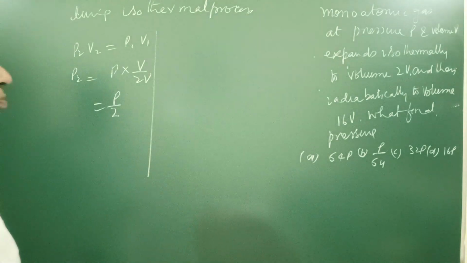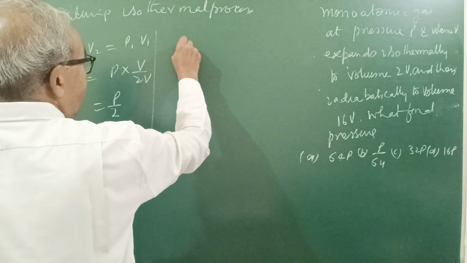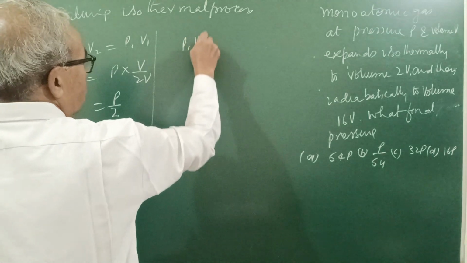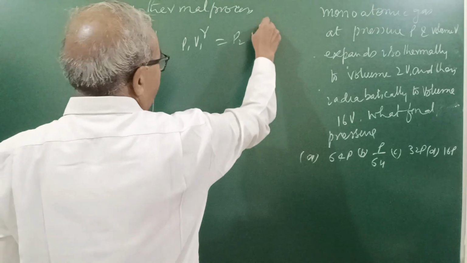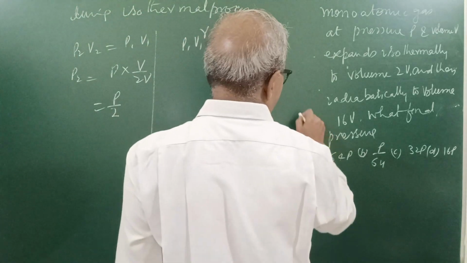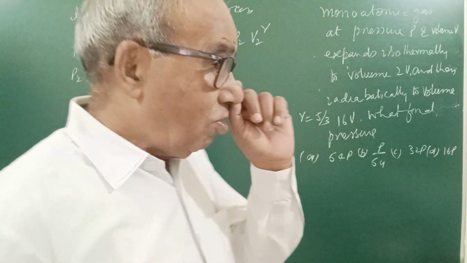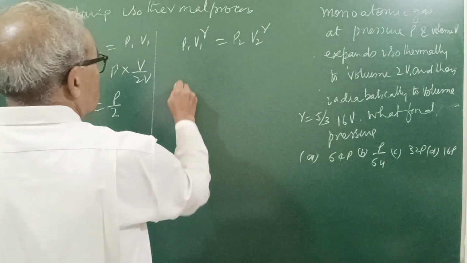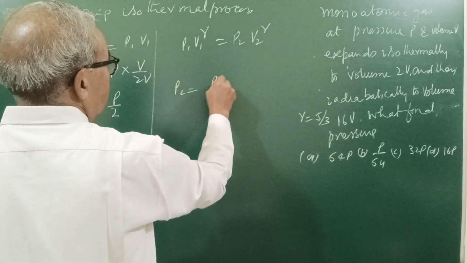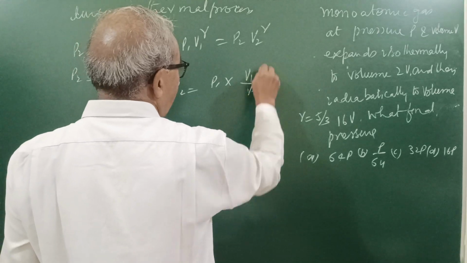Now the gas expands adiabatically. So P1 V1 to the power gamma equals P2 V2 to the power gamma. Here gamma is 5 by 3, since it is monoatomic, we must remember it is 5 by 3. So P2 equals P1 into V1 upon V2 to the power gamma.